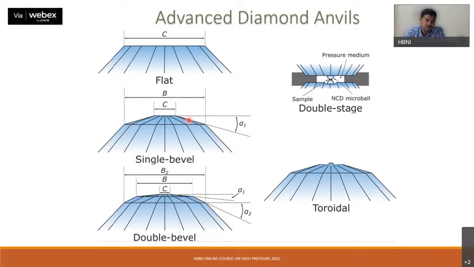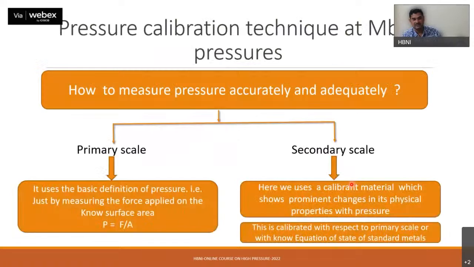With single bevel and double bevel culets, the limitation of the pressure range is you can only go up to like 350 or 400 GPa. So if you want to go really beyond that, you necessarily need to go for different concepts, like either using the double stage anvils or the toroidal kind of anvils.